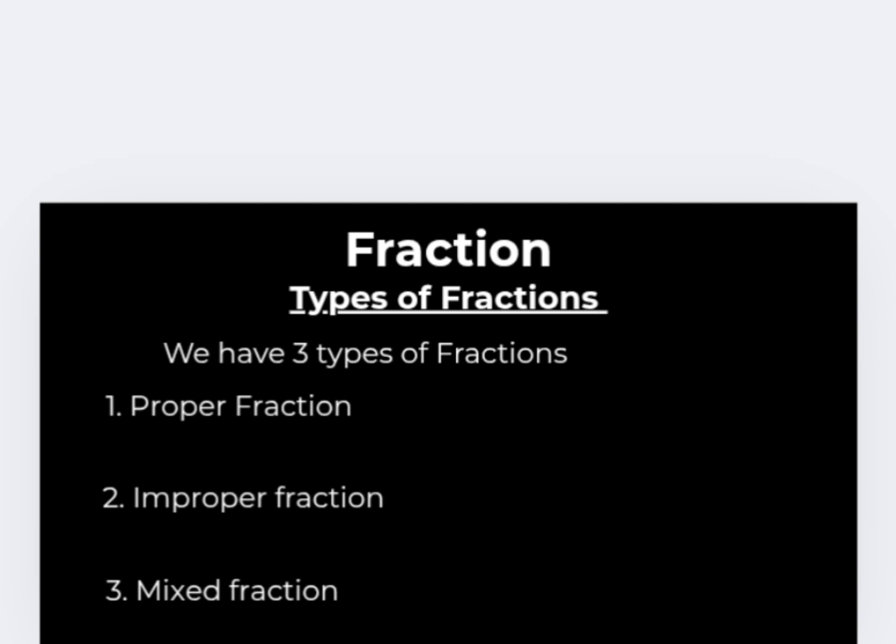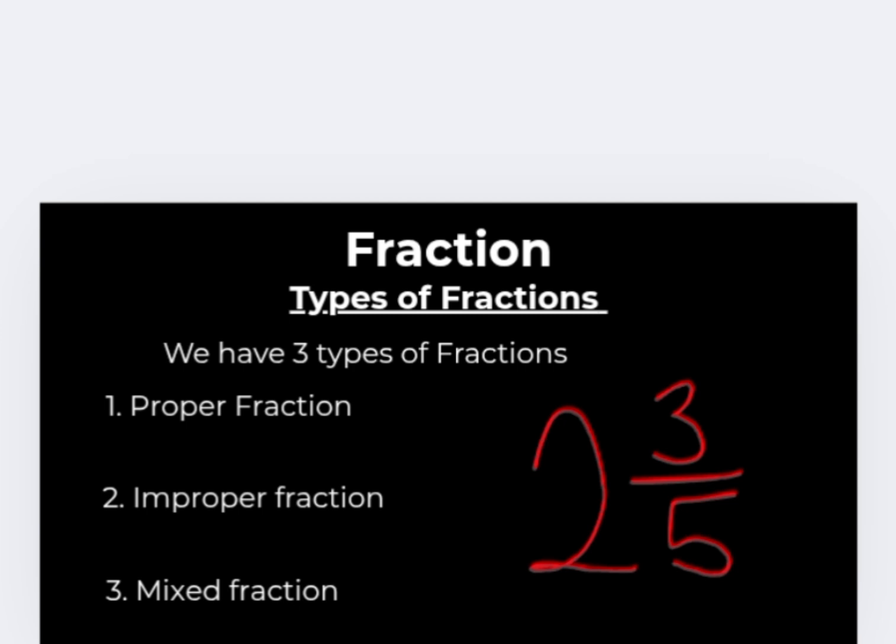Okay, so let's look at the mixed number or the mixed fraction. The mixed fraction is a kind of fraction where you have a whole number, just like you have 2, then you have a fraction attached to it, such as 3 over 5. It's mixed in the sense that it is a combination of a whole number and a fraction.